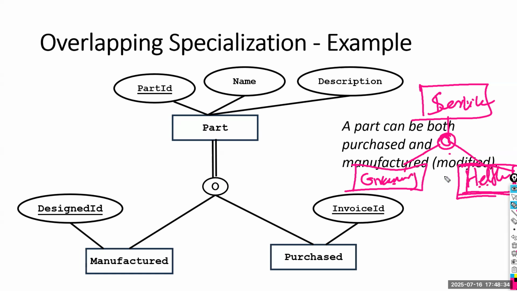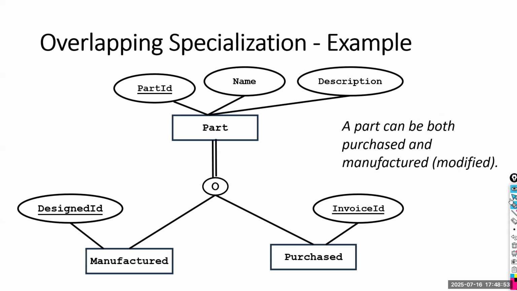First we do the grooming and then we do health check. But some animals we just do the grooming and give it back. Some animals we don't do grooming, we just do the health check. So these are two special cases of services, but there is a possibility of overlapping. So then it is overlapping. Okay. So that is disjoint versus overlapping.